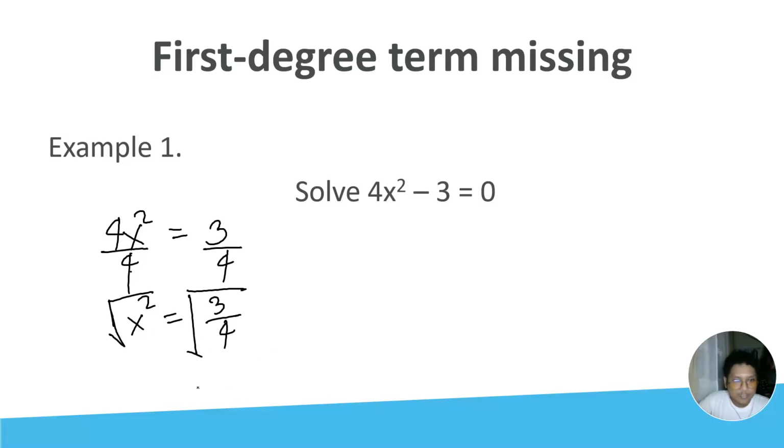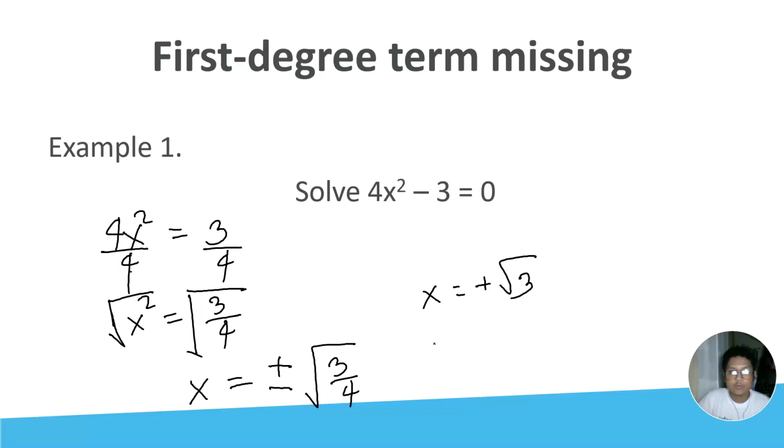So, ang kakalabasan ay x is equal to what? It's equal to positive and negative square root of 3/4. So, dalawa ang roots natin dyan. It's x is equal to positive the square root of 3/4, or x is equal to negative the square root of 3/4.